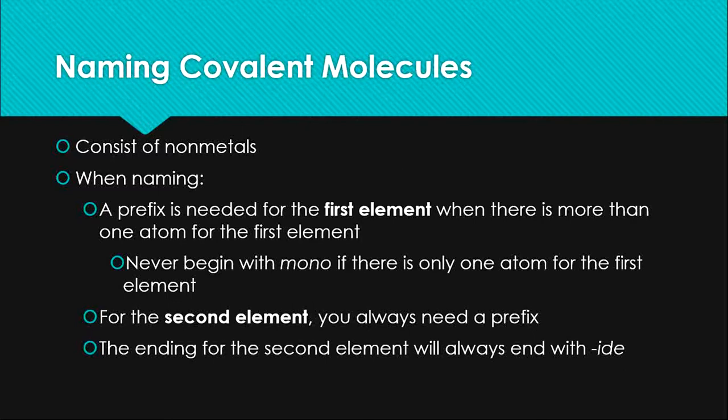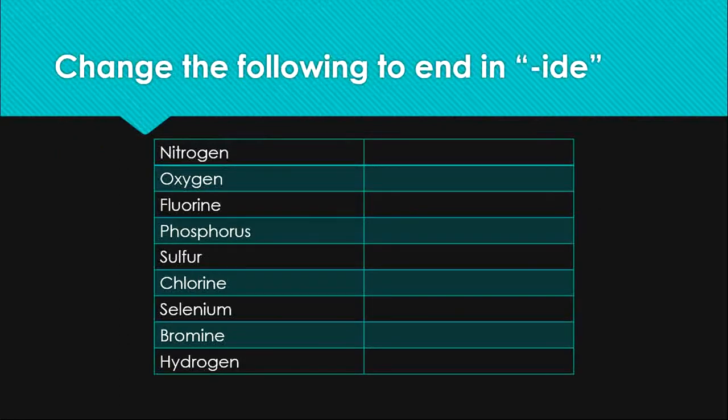So let's take a look at the endings for the following elements. We're going to drop the last part of nitrogen, and nitrogen will turn into nitride. Oxygen turns into oxide. Fluorine is fluoride.